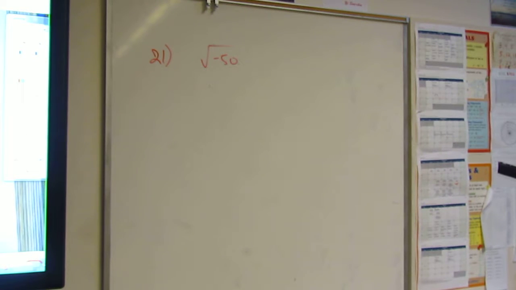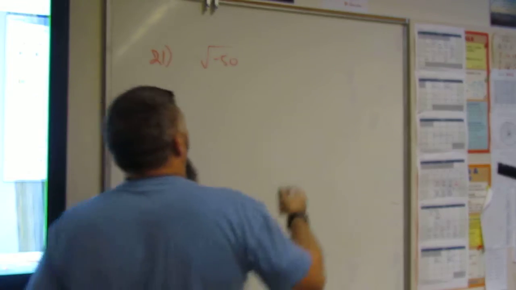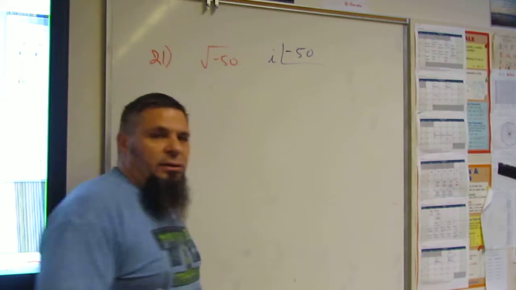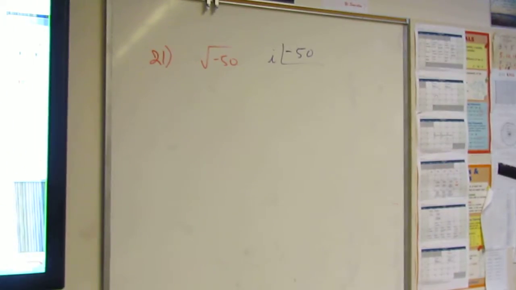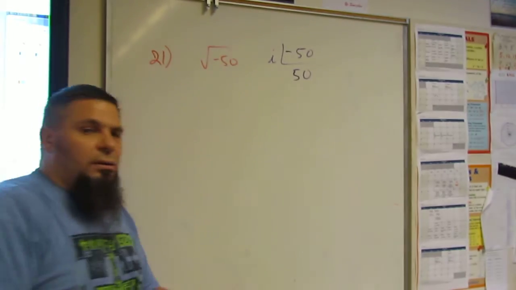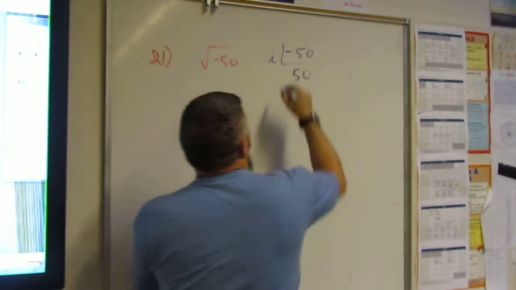Okay? This just goes right back to how we do the square roots of 50, right? Except it has an i in it. No big deal. I'm just going to pull out an i. Okay? That's going to leave me with the 50. And now everything else is the same.